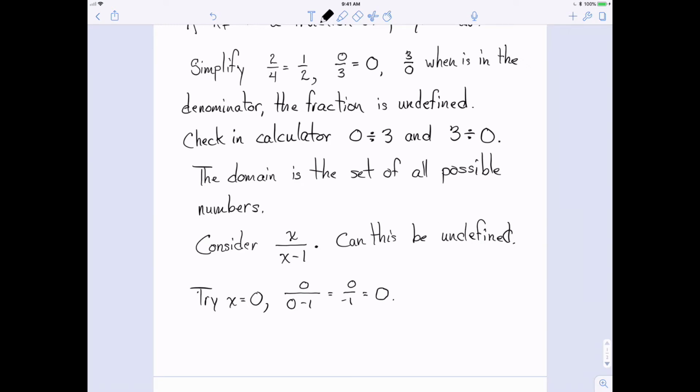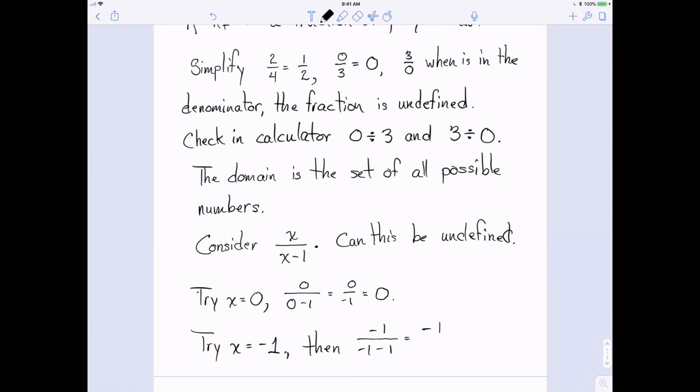Let's try another one. For example, try x equals negative 1. All right, so if we do that, then I'm going to have a negative 1 divided by a negative 1 minus 1.